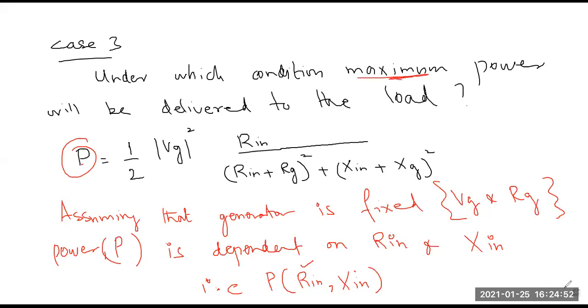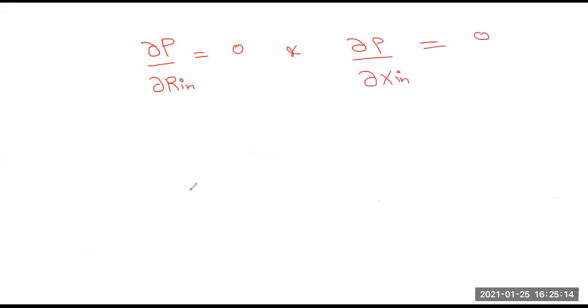So what you need to do is take the derivative of power with respect to Rn and equate it equal to 0. And you also need to take the derivative of the power with respect to Xn and equate it equal to 0.